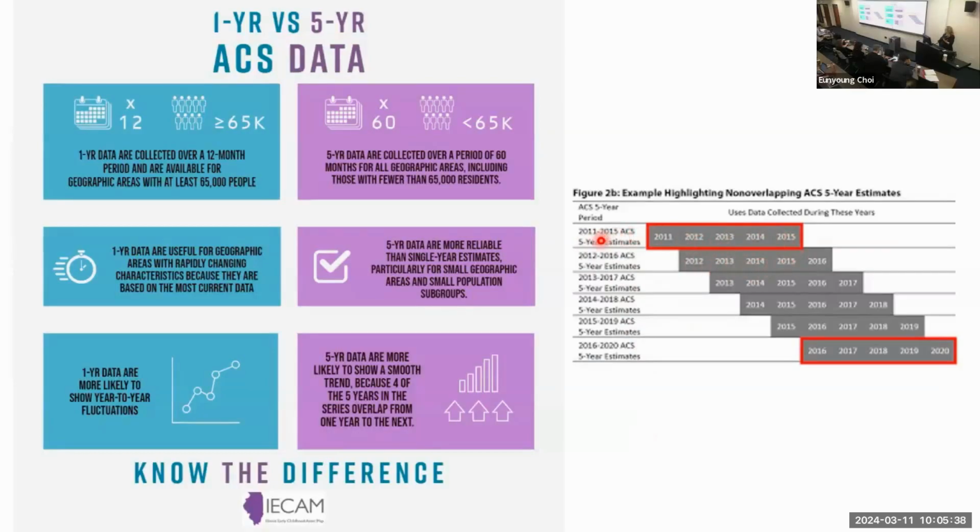You'd have to move from the 2011 to 2015 ACS all the way to the 2016 to 2020 to get really different estimates that have no overlap in the sampling. This may not matter for your research question, but it's something to think about because if you're really focused on some kind of annual change, you're not going to get a very good picture of that from 5 year estimates because they're overlapping so much in their samples.